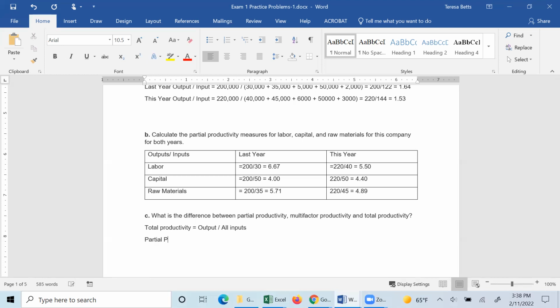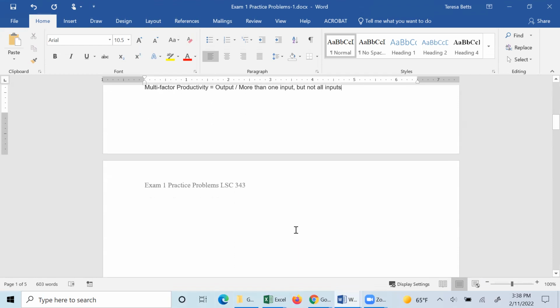Partial productivity is output divided by one input, and multi-factor productivity is output divided by more than one input, but not all inputs. So it could be something like labor and capital, or labor and raw materials, right? But it's not all of the inputs. So that's something you're going to want to remember to be able to distinguish the difference there.